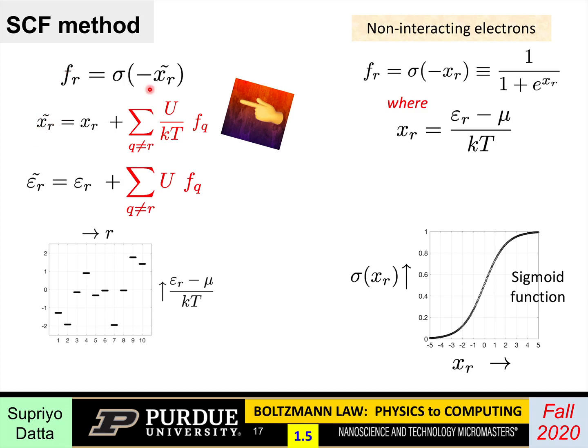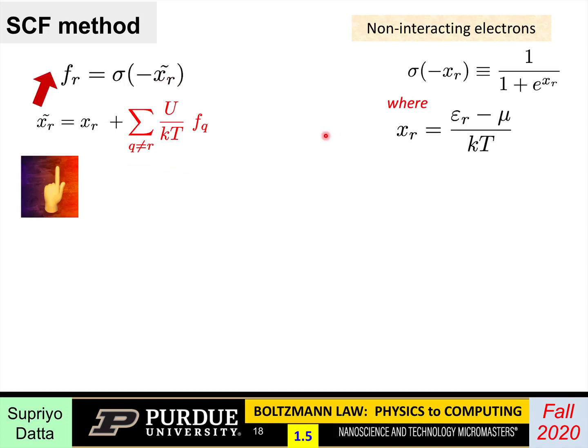So that's the idea. If you do this, it is almost as simple as doing the non-interacting case, but not quite. It's actually a little more complicated, and the reason is this: when we didn't have this interaction term, it was straightforward. You calculate x, find the sigmoid or Fermi function, and you have your answer.